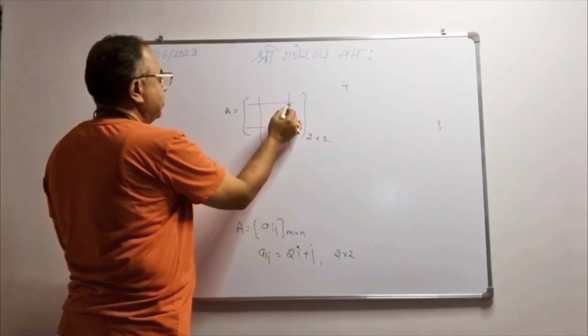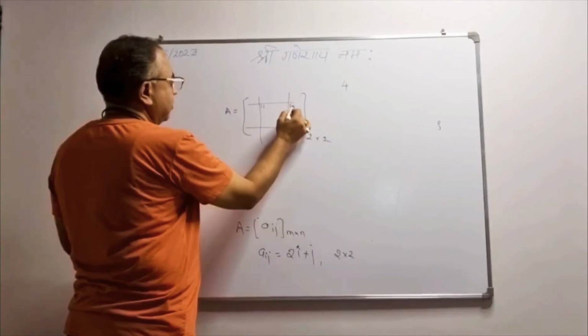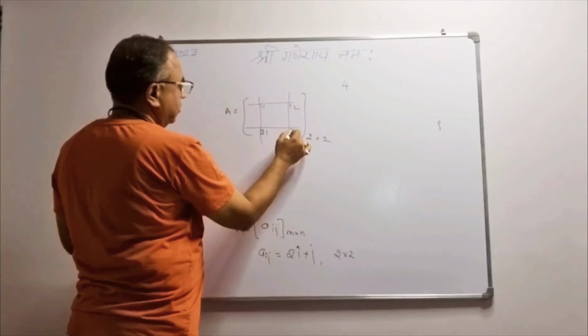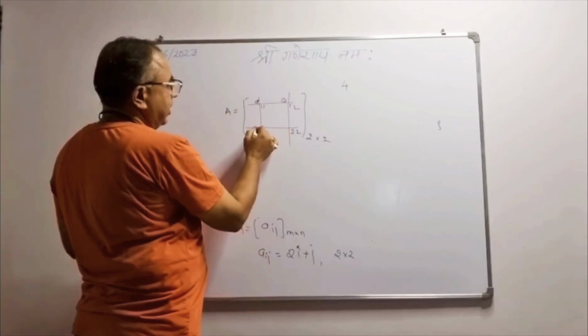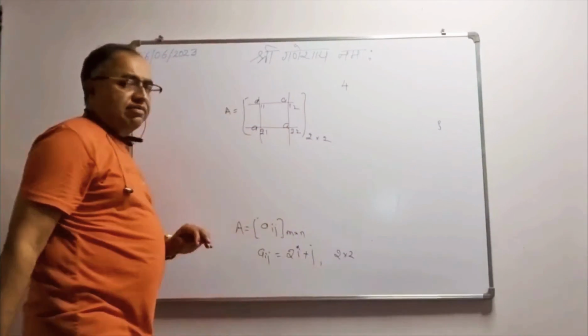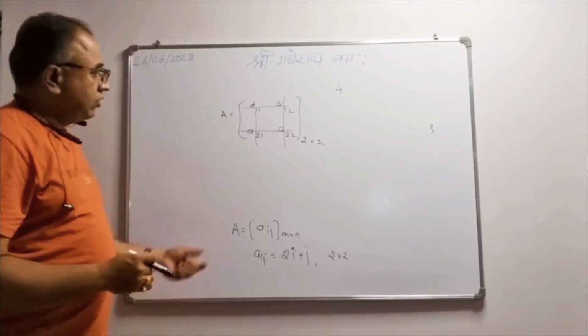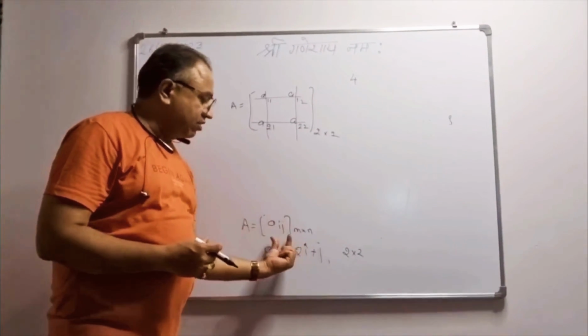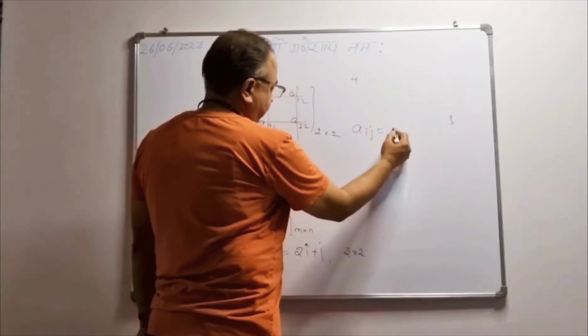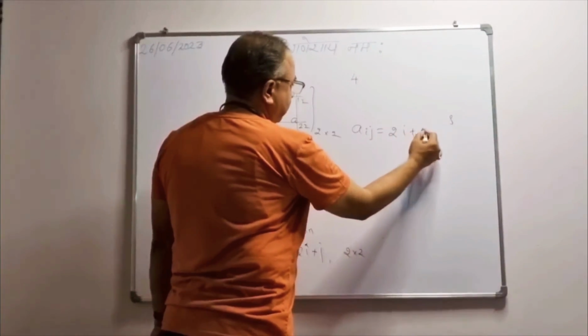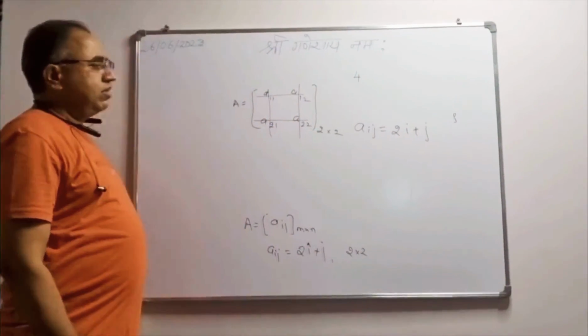That means you have to find these 4 entries: 1 1, 1 2, 2 1, 2 2. That means a11, a12, a21, a22. These 4 entries you have to determine here. And to determine this, we are given a definition a i j. How is it defined? a i j is given here as 2i plus j. You have to only substitute the values now.